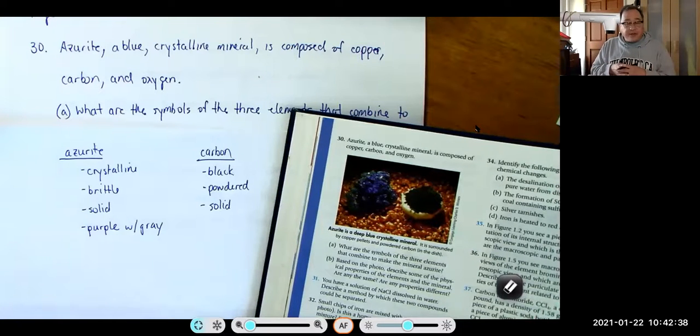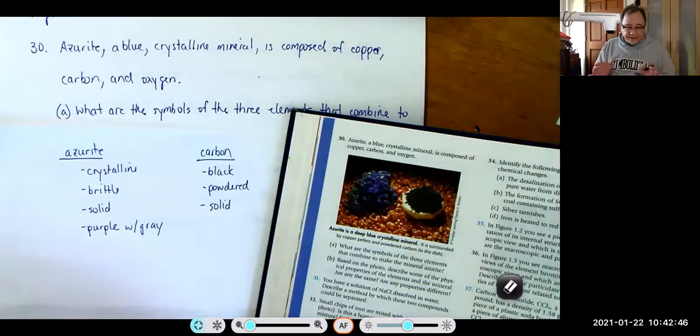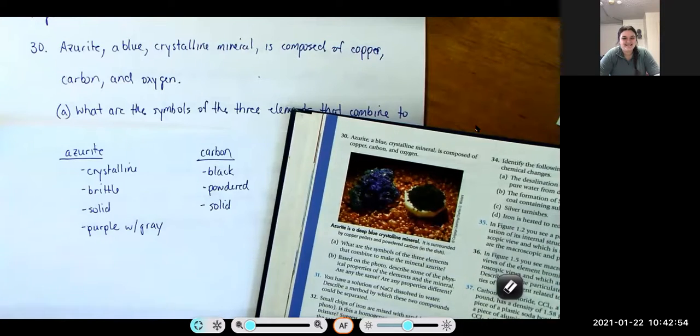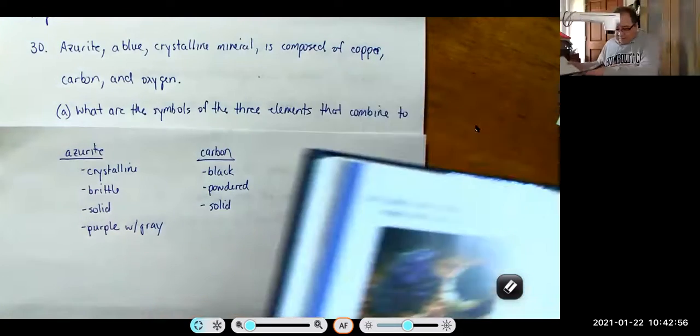Solids are something you can make a pile out of. And liquids are things that make a puddle. I call that my second grade definition of the different states because a second grader would understand all of those. And they'd say, my favorite one is the puddle. Okay, so that's what we have for carbon.